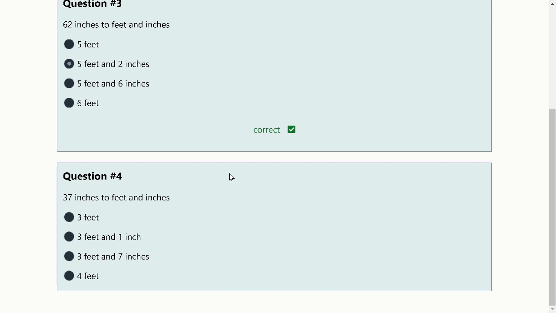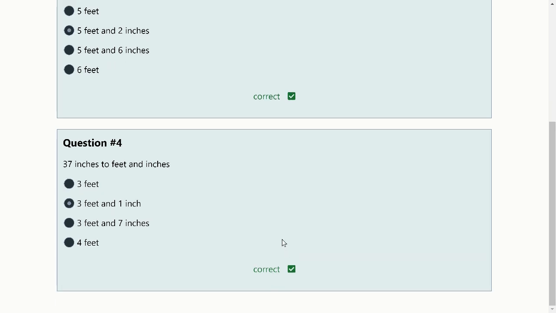Three feet only. 3 feet 1 inch. Alright, do I need to go over the steps for that one? Anybody? Do y'all see how we got 3 feet 1 inch?